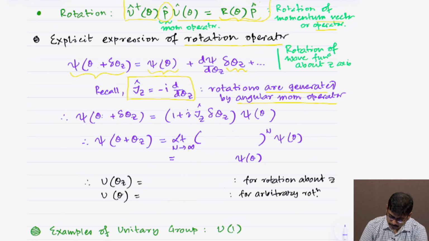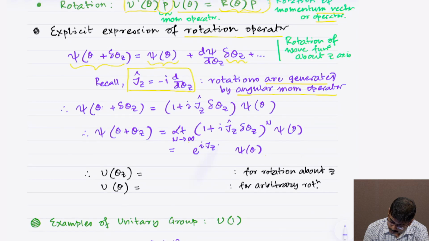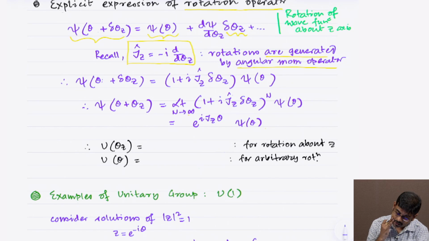Following the same logic, if I do this exercise capital N number of times, with n going to infinity, this is the limit n tends to infinity of (1 plus i J z delta theta z) to the power n, and this is essentially e to the power i J z theta z. This is what parameterizes the rotation.